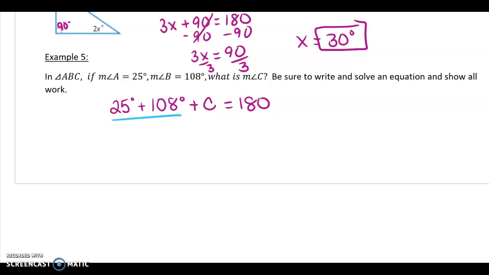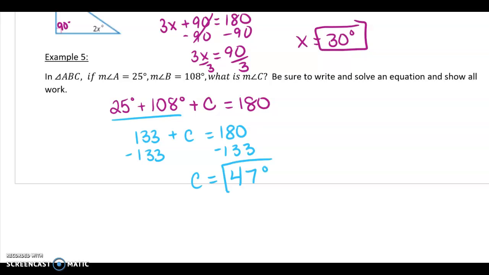Add my like terms together. So I'm going to do 25 plus 108. That's going to give me 133 plus C equals 180. Subtract 133. It's going to give me 47. So I've got 47 degrees.